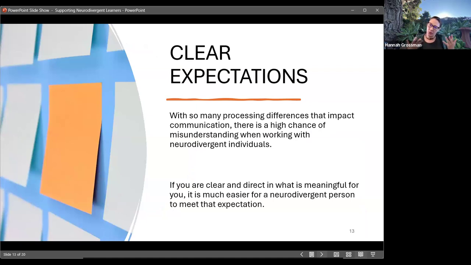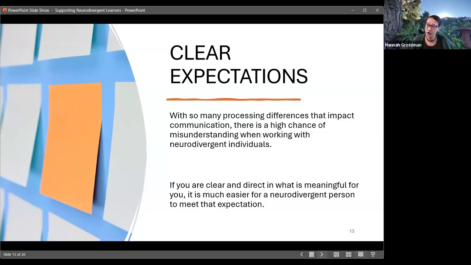Now, this one, having clear expectations, is a really big, important one when it comes to how many of these processing differences relate to communication differences and really impact communication.